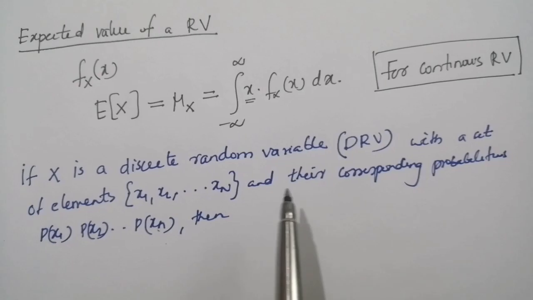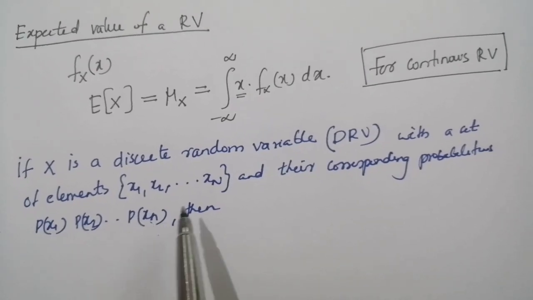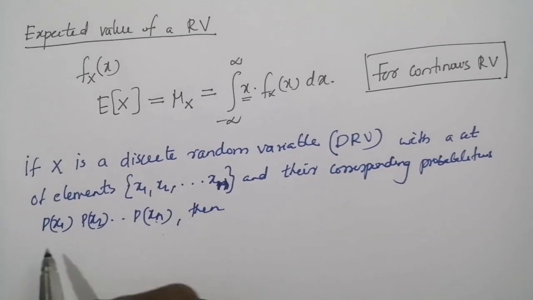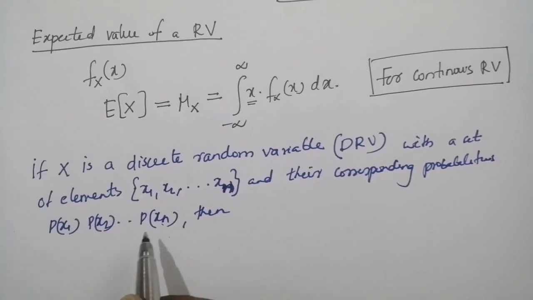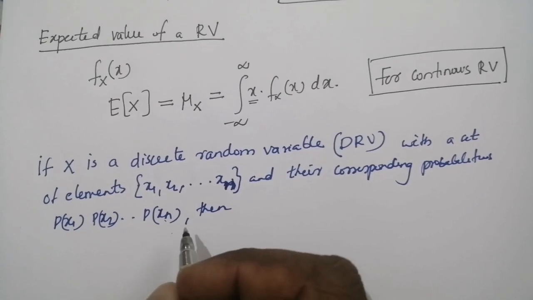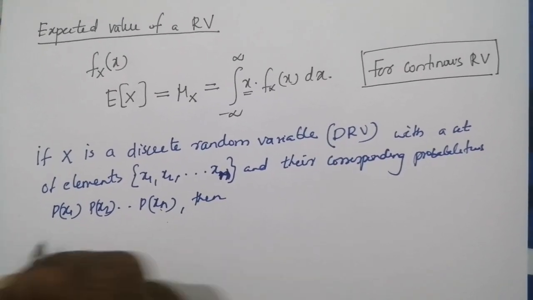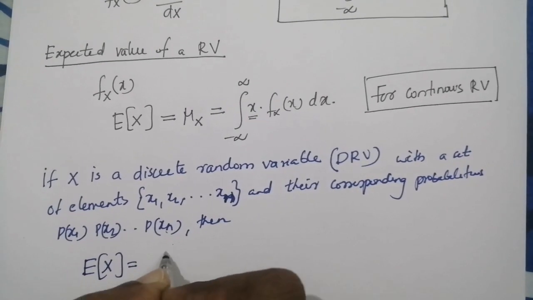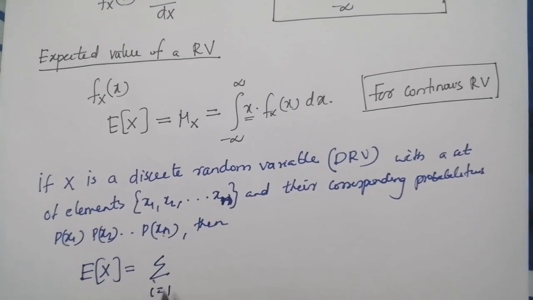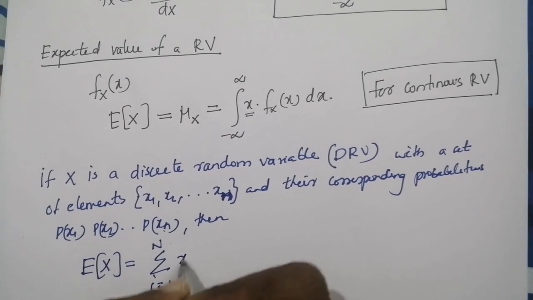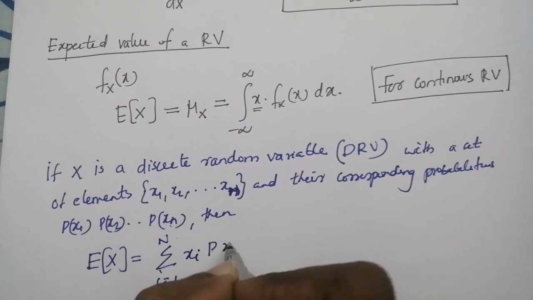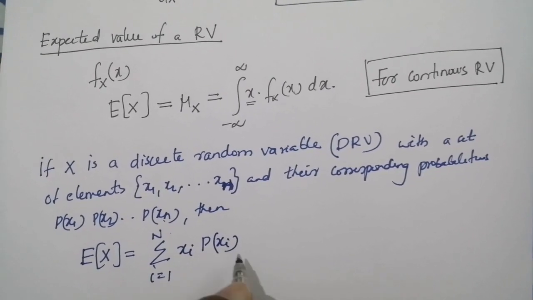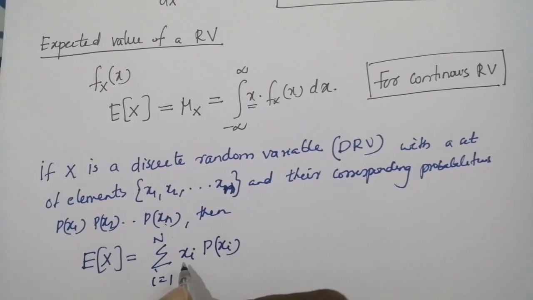If X is a discrete random variable with a set of elements x1, x2, up to xn and corresponding probabilities p(x1), p(x2), up to p(xn), then the mean value is defined as E[X] equal to the summation from i equal to 1 to n of xi times p(xi), where xi is the value taken by the random variable and p(xi) is the probability of occurrence of that particular value.